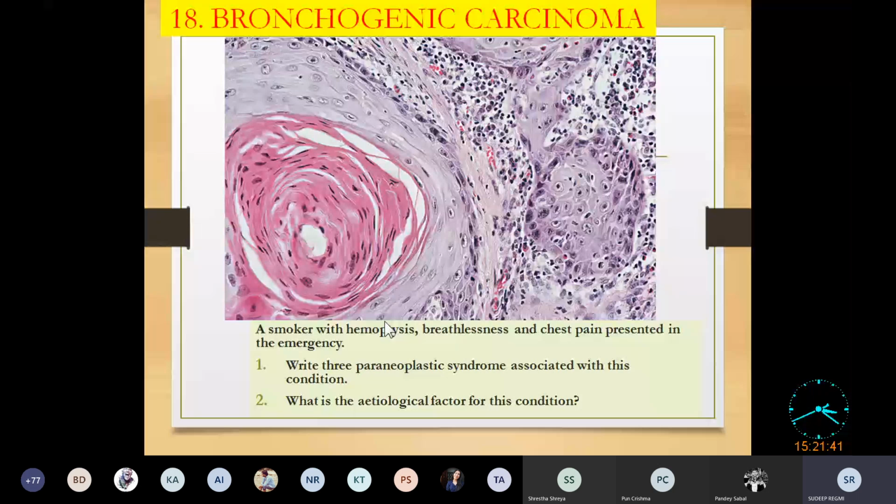First, you have to know that this is a bronchogenic carcinoma, and that also is squamous cell carcinoma if you are very sure. Now, what are the 3 paraneoplastic syndromes associated with this lung carcinoma?